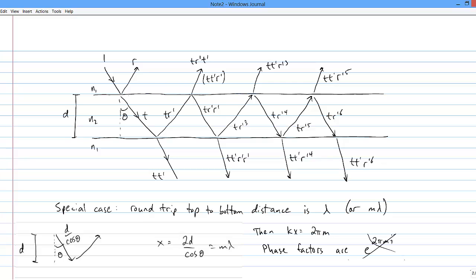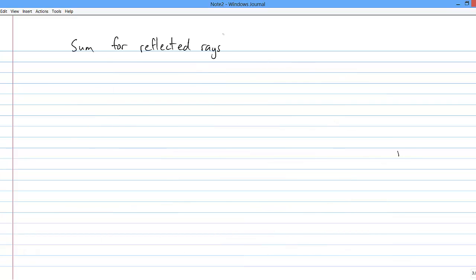Then there won't be any relative phase difference between successive reflected rays and successive transmitted rays, and we can drop all consideration of the exponential phase factor. We'll take all those reflected rays and bundle them up as so. Since we've normalized the field amplitude, this is equivalent to finding the ratio of the reflected field to the incoming field.